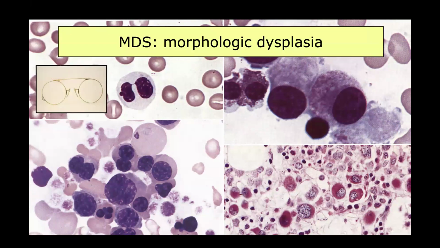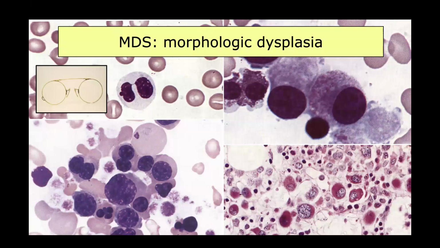In the top left-hand side is a classic bilobated or pseudo-Pelger-Huët anomaly of a hypolobated neutrophil that's also a bit hypogranular, sometimes referred to as the pince-nez abnormality. My French pronunciation, please forgive me, pinched nose, reflecting the glasses that resemble the morphology of the neutrophils.